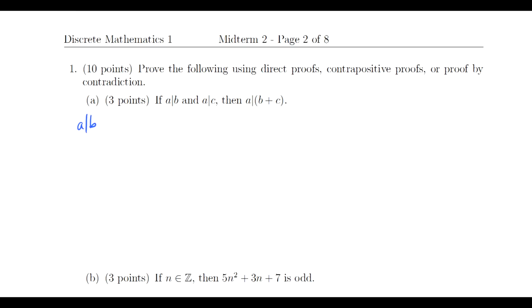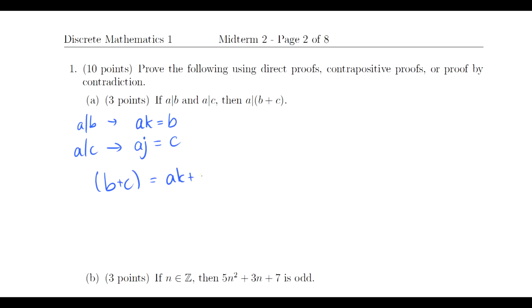If A divides B, then this is the same thing as saying that A times some number K is equal to B. If A divides C, then this is saying that A times some number J is equal to C, for the same reasoning.